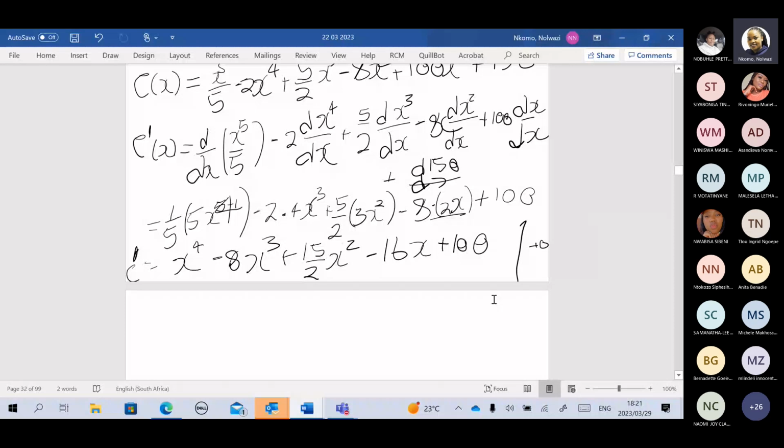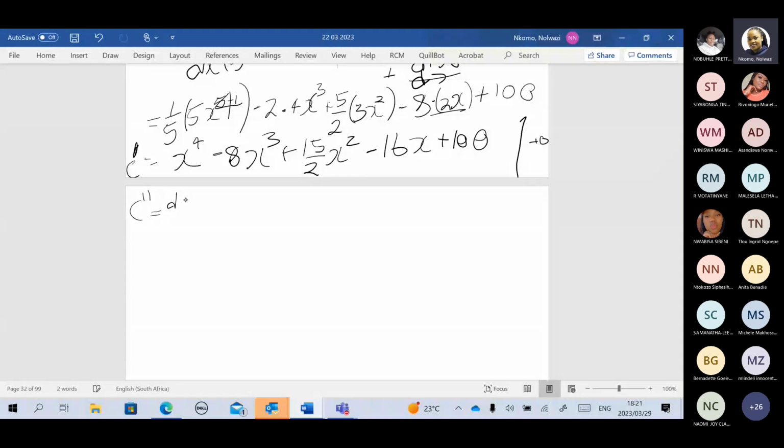So you can write C prime prime as the derivative of C prime with respect to x, right? And we know C prime is this, so we can write C prime prime as the derivative of this function, x to the power 4 minus 8x cubed plus 15 over 2 x squared minus 16x plus 100.